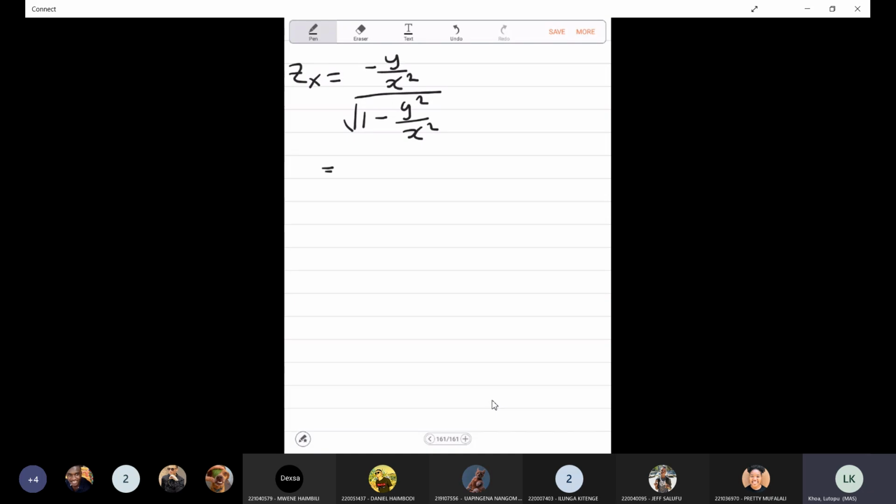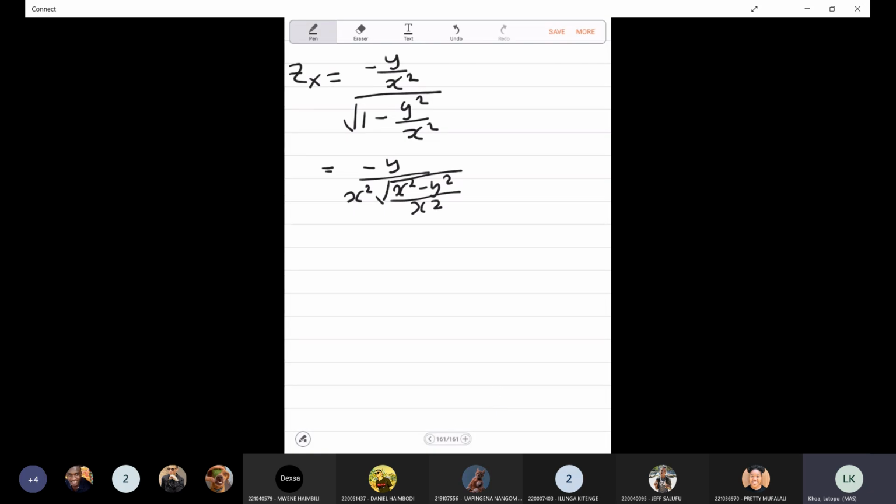This is minus y over x squared, then the square root of x squared minus y squared over x squared.